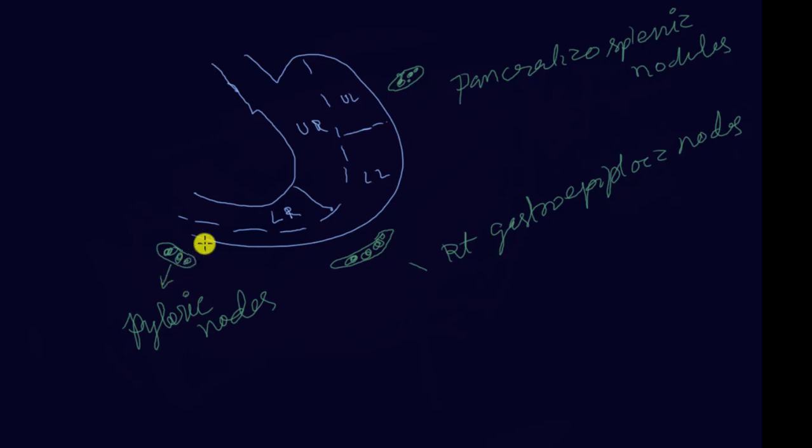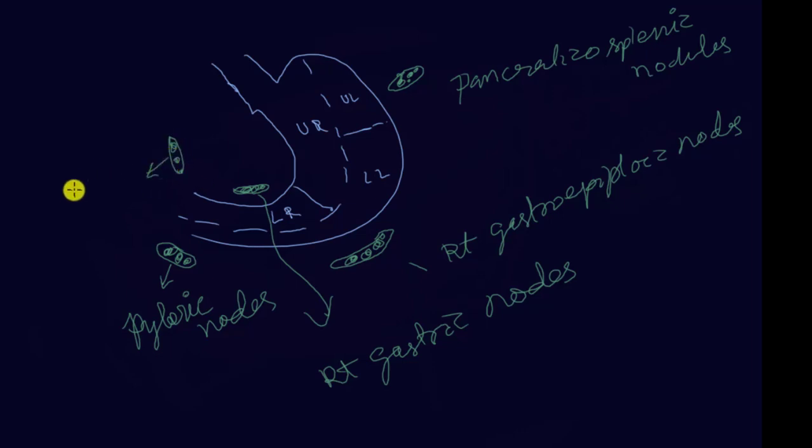Okay, and at this point, above that pyloric nodes, you will find some lymph nodes. These are the right gastric nodes. And here you will find other nodes, at this point near the liver.